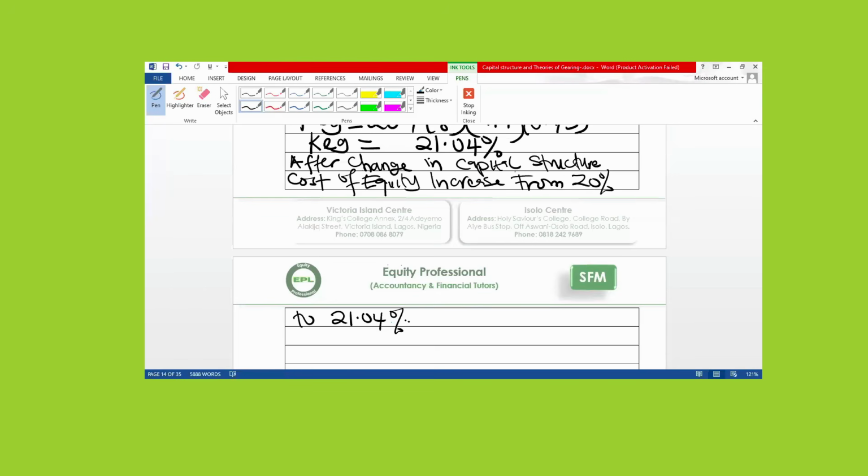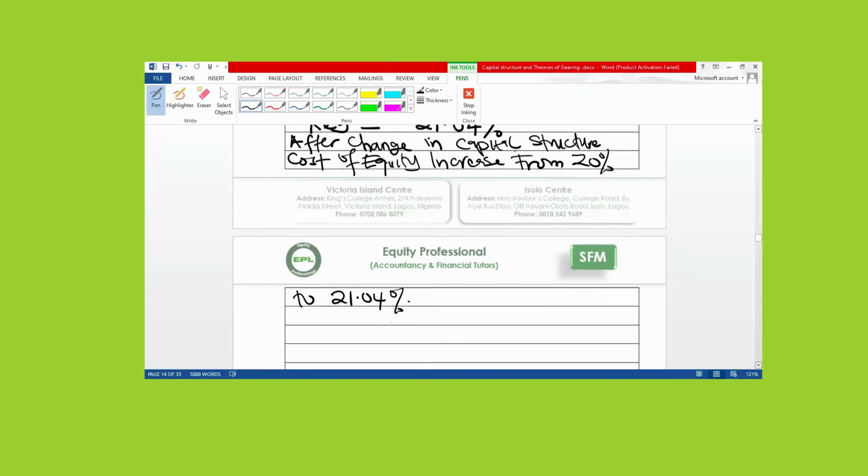When the company introduces debt to the business and it becomes geared, its cost of equity increased to 21.04. You are done with Roma figure 2.